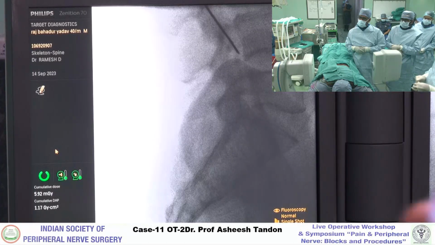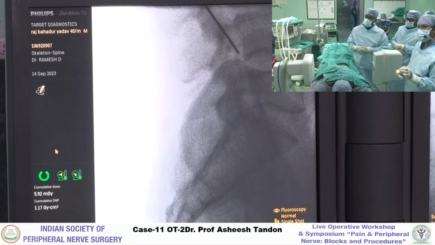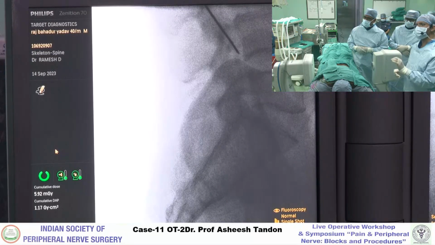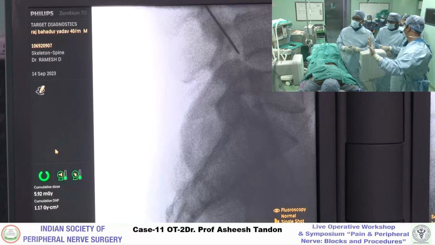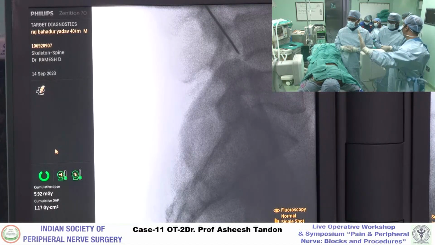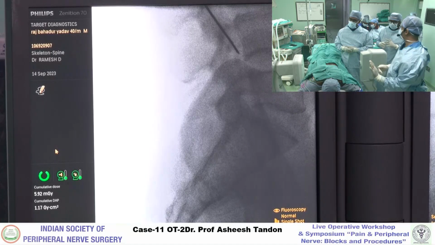Oh, beautiful. So this is a very good location because it is towards the anterior side. Now we have the theca in the anterior portion of the neural foramen towards the disc. That is a very good location.